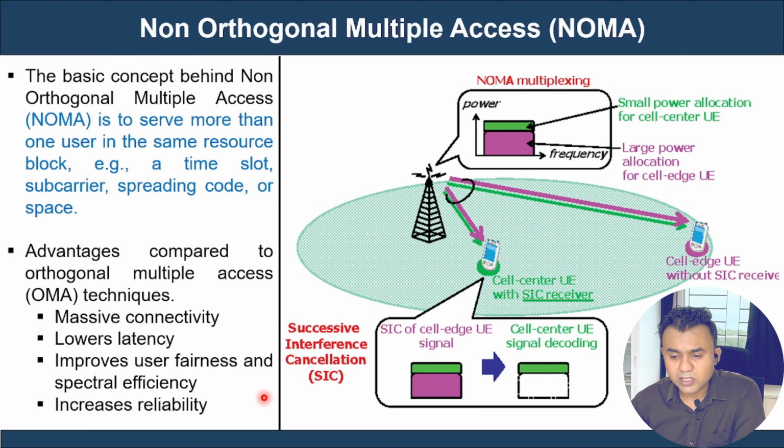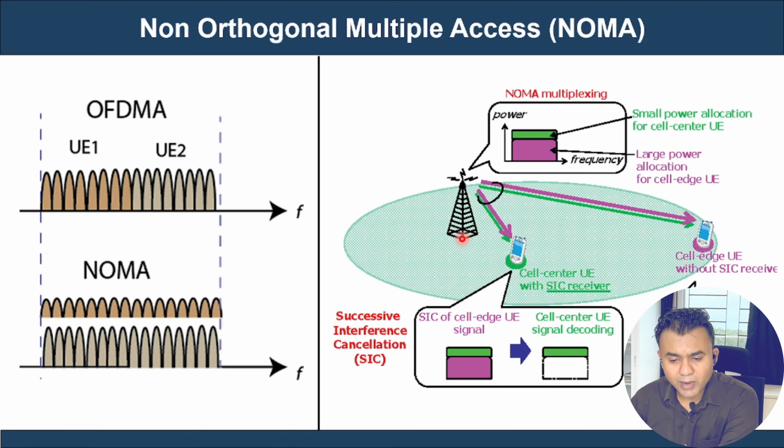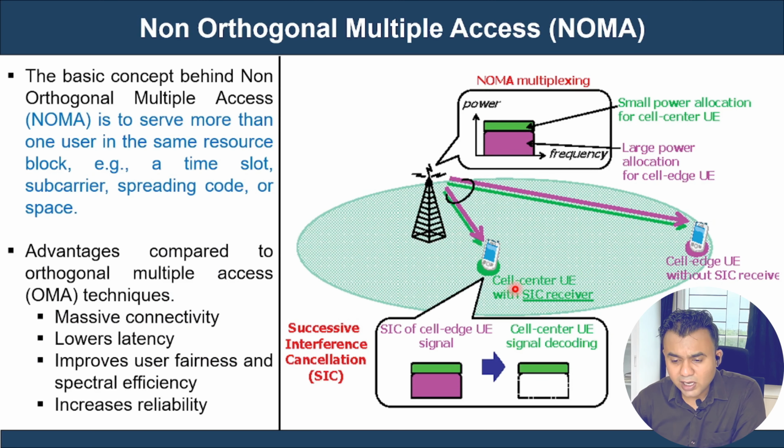Now let's see the basic concept. Look at the diagram. Let's say this is my base station, and these are two mobile users. This is mobile user 1, located nearby my base station, so I don't need to transmit very heavy power for that.